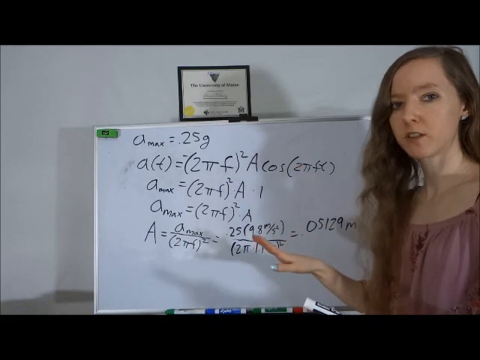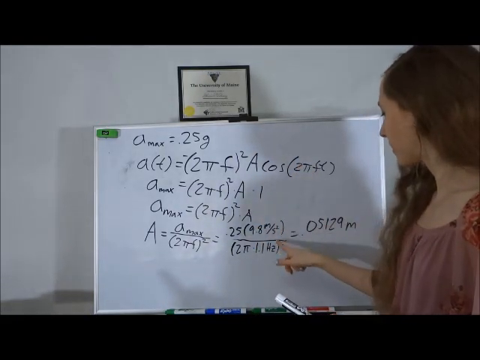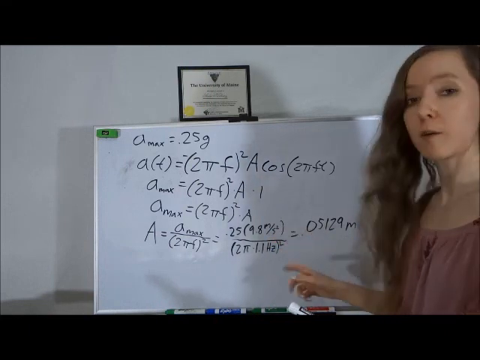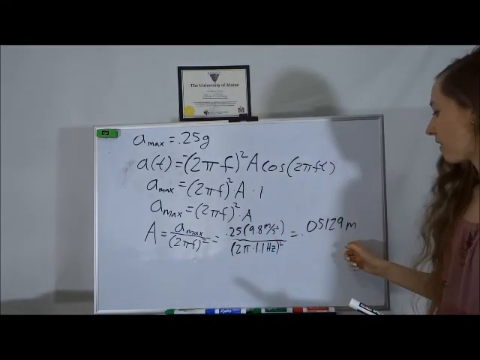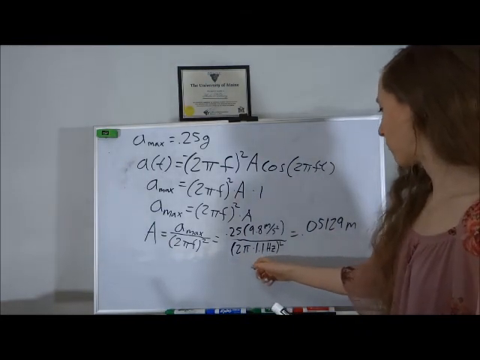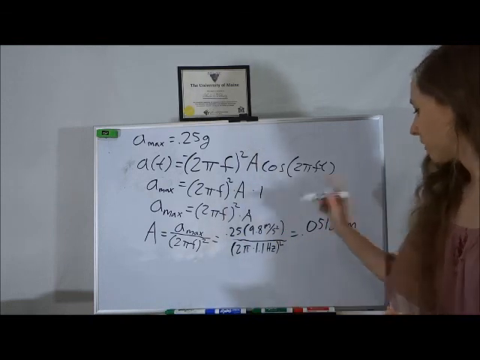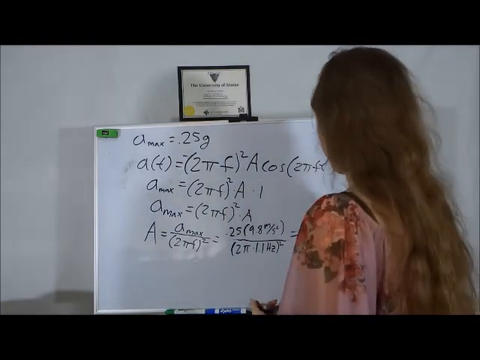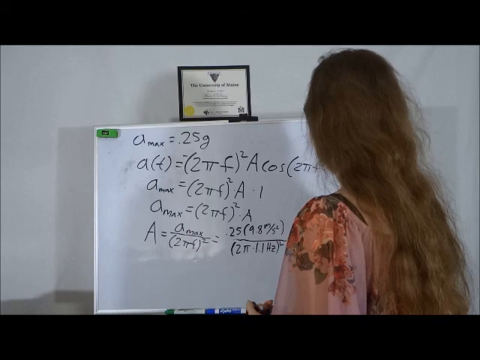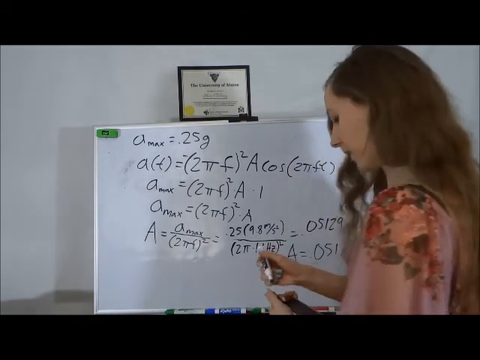So if we square 1 over seconds, that would be 1 over seconds squared. So the seconds squared in both cases are going to cancel out in the denominators of those two terms, and we'll be left with the units of meters. Now if we look at our sig figs, you've got only 2 everywhere basically, so as our final answer, we're going to say A is equal to 0.051 meters.